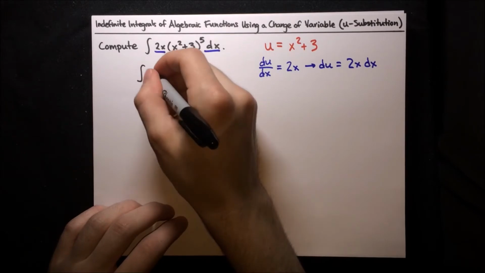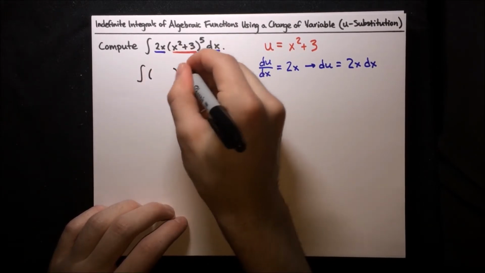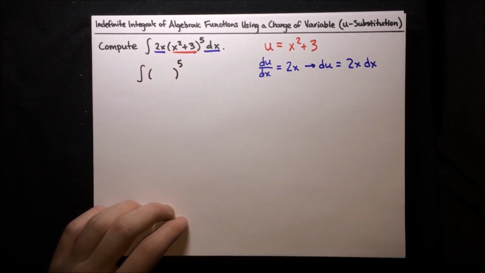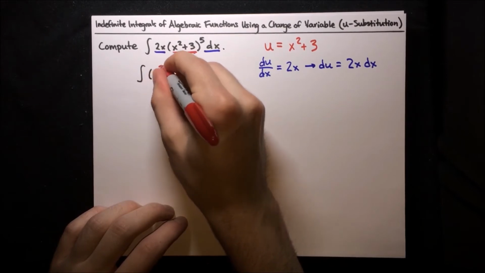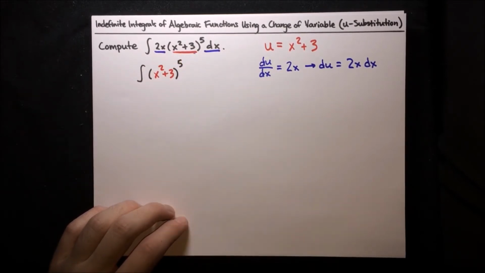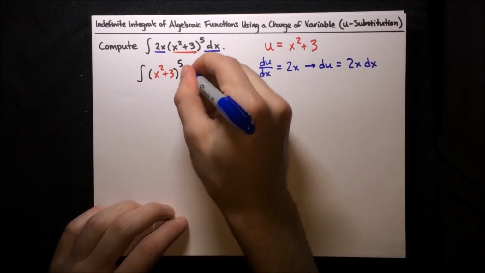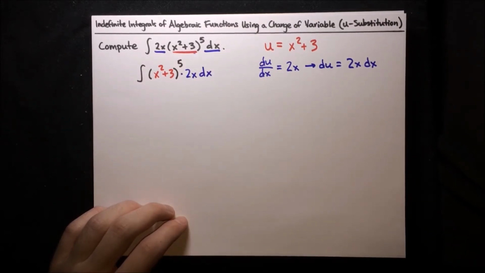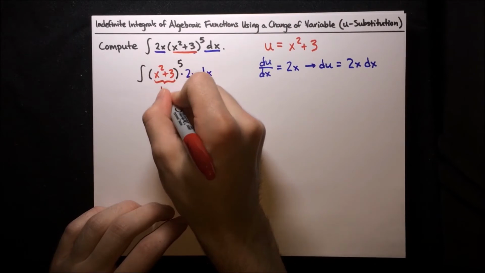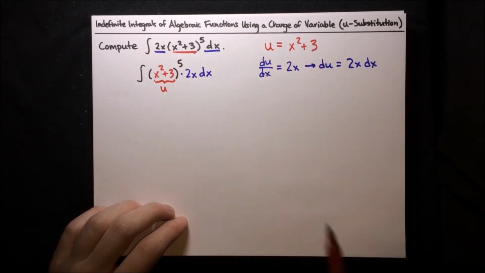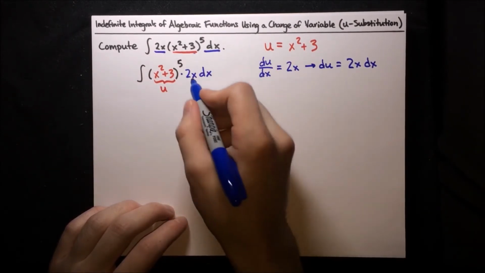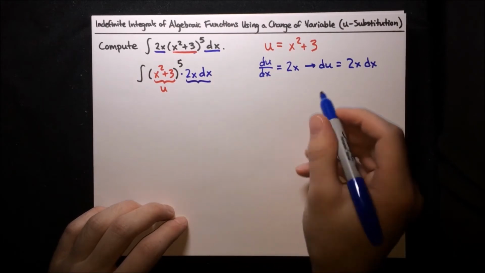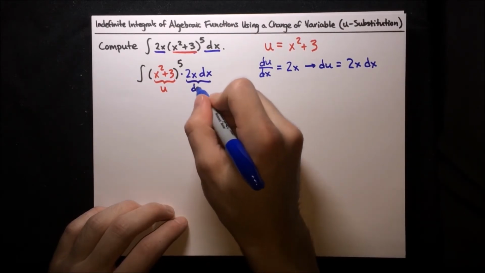So we've got this quantity raised to the 5th power. That quantity is x squared plus 3. And then we've also got a 2x dx. So this x squared plus 3, that's going to be u, that's our u variable here, and then our 2x dx, that's just going to be du. That's what du is equal to.